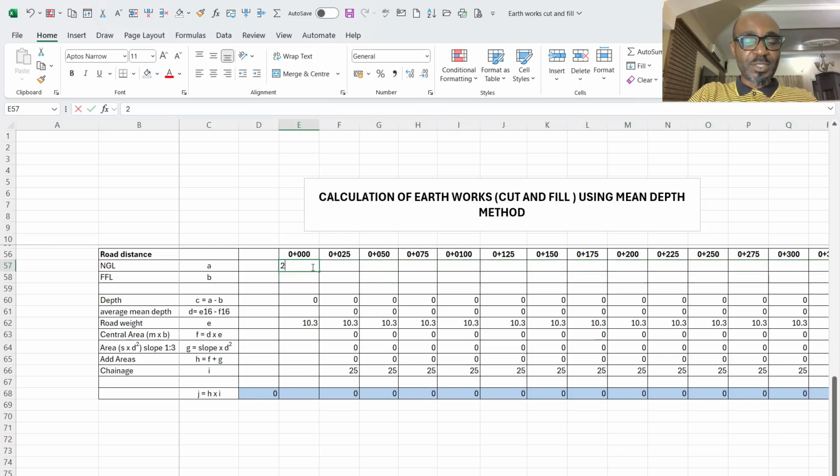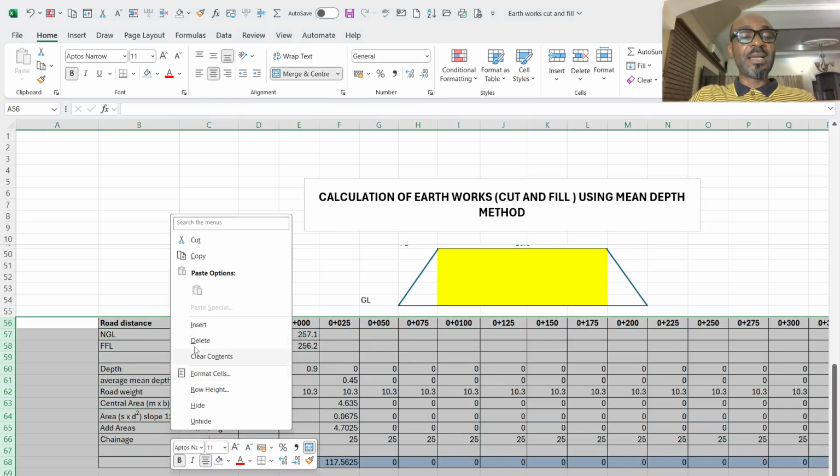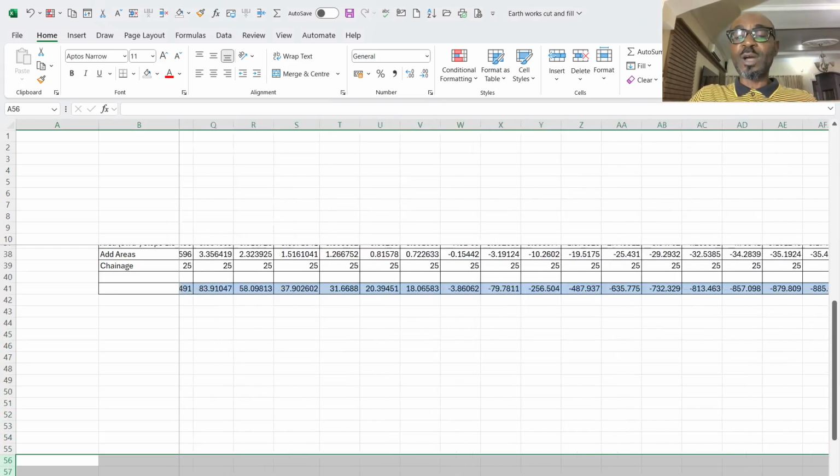Once I start inputting 257.1, then maybe 256.2, my quantities will start coming automatically. So it makes your work faster, easier, and you can easily correct your work if there are errors, and everything will be corrected.